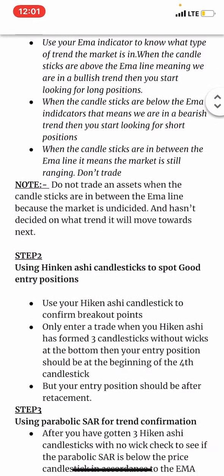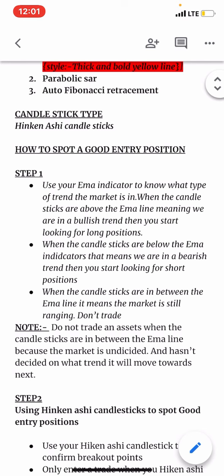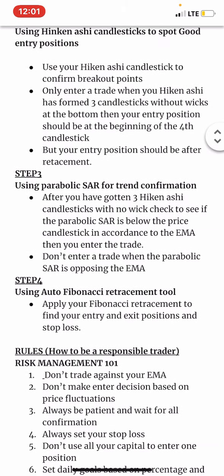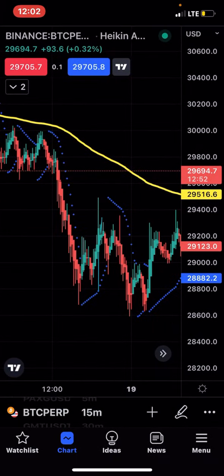I'm sure we've gone over step 1. We've gone through step 2, using Heikin-Ashi candlesticks. Then step 3: after you've gotten 3 Heikin-Ashi candlesticks with no wicks, check to see if your parabolic SAR is below the price candlesticks in accordance with the EMA. Then you enter the trade. Here's what I mean.